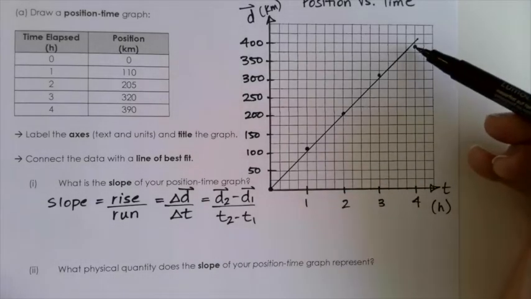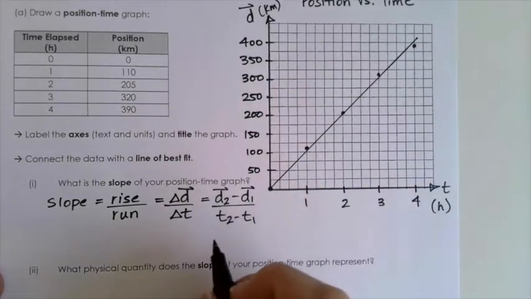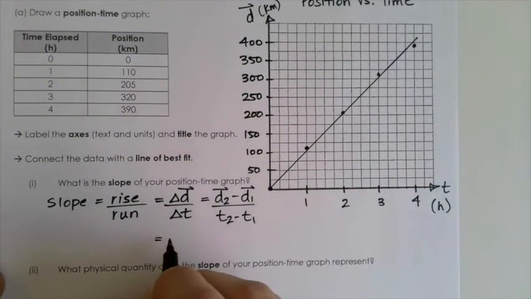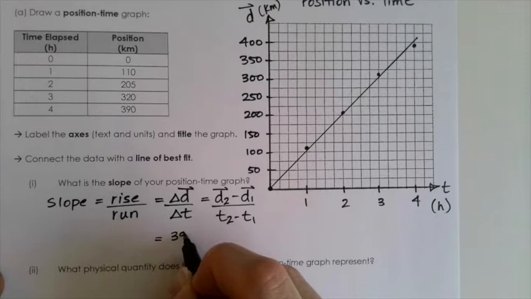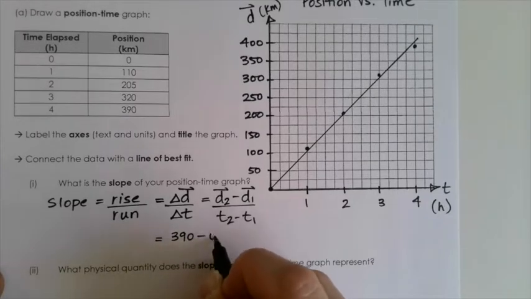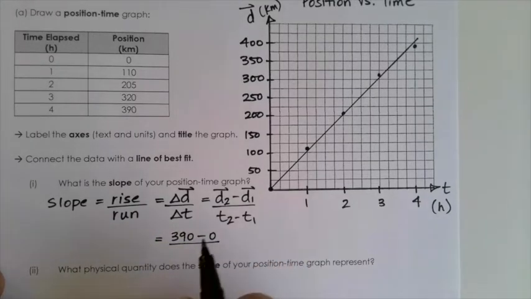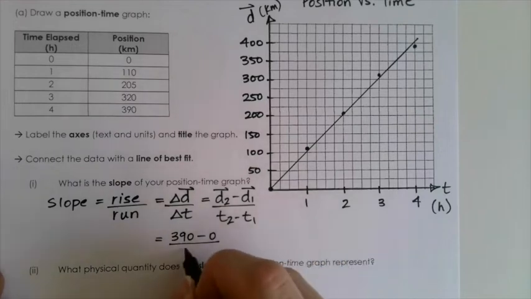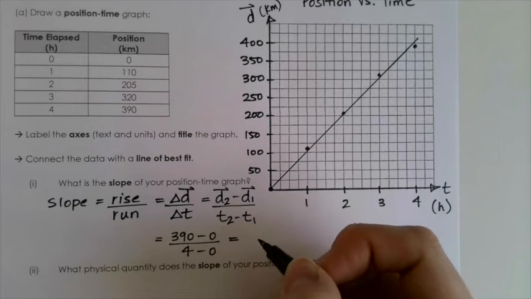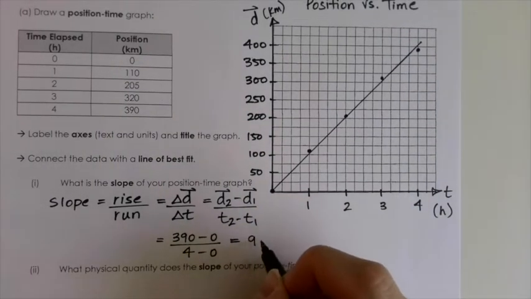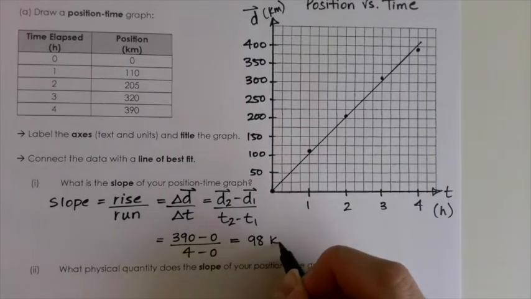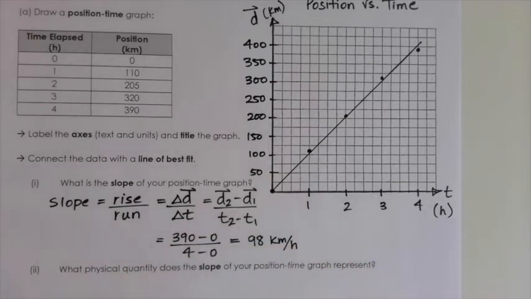Okay, so we're going to go final minus initial position, which is 390 minus 0 divided by final time minus initial time, 4 minus 0, which is 97.5 or 98 kilometers per hour.